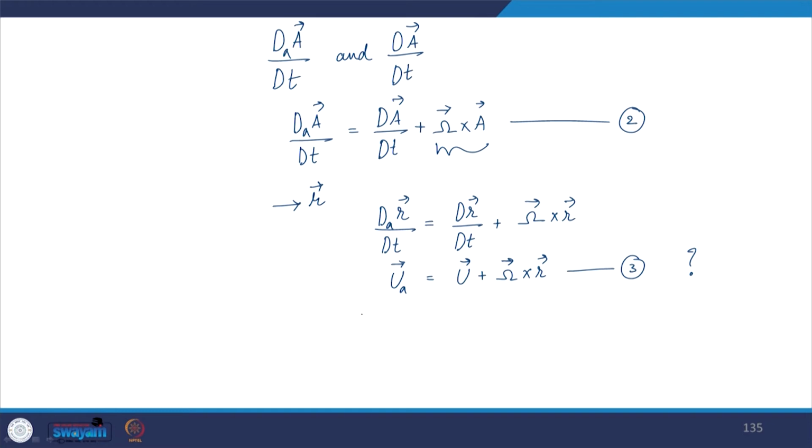If we do that, let us say we call this equation 3, we can apply equation 2 for equation 3 as well, right. So, how will it look like? dA ua by dt is equals to d ua by dt plus omega cross ua, right.